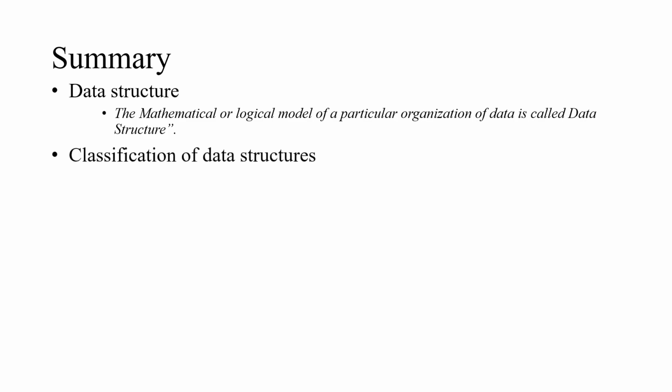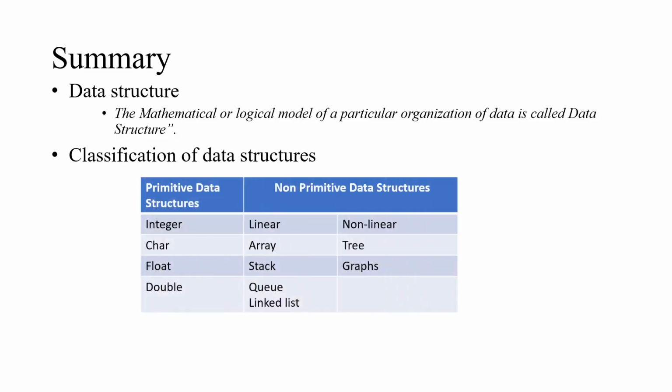Then we looked at the classification. Data structures are classified in two types, primitive and non-primitive. Examples of primitive data structures are integer, character, float, double. Non-primitive is further divided into linear and non-linear data structures.